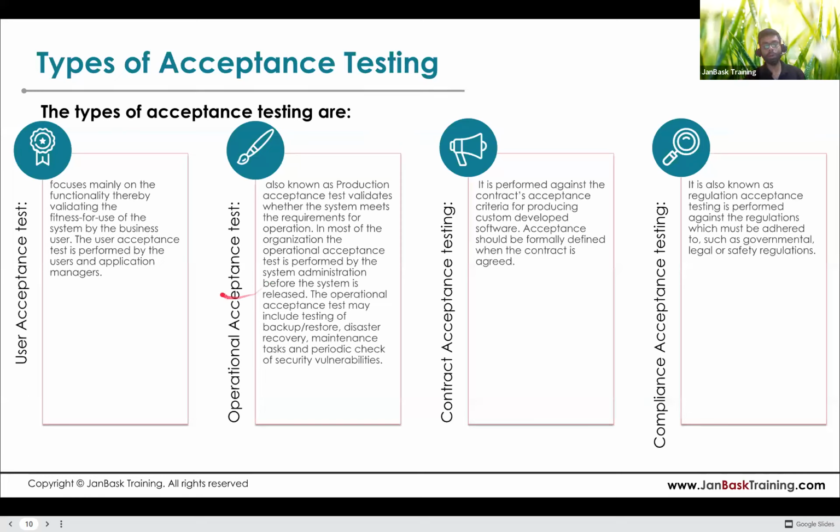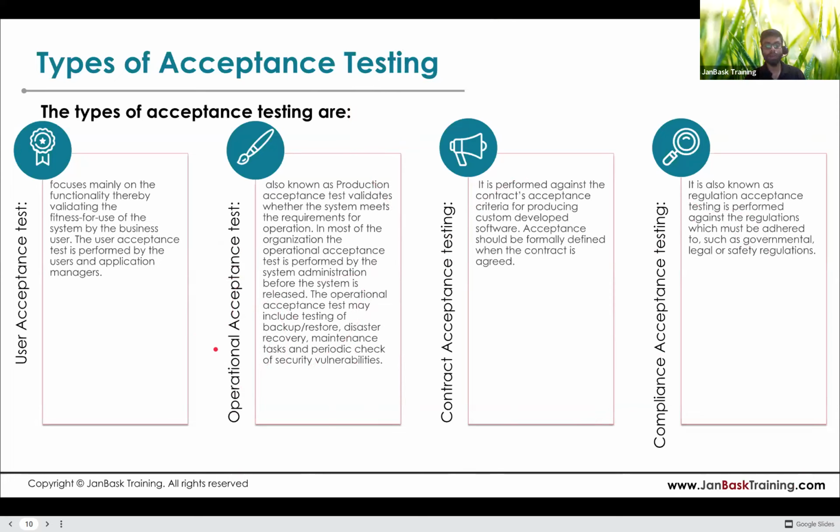You don't need to remember all these things, and they are not going to ask this in an interview. They are mostly going to ask what is acceptance testing, what is alpha testing, what is beta testing. That we'll talk about later, but just for learning purposes, let's understand it.